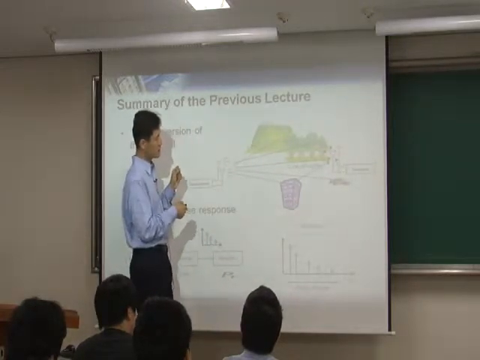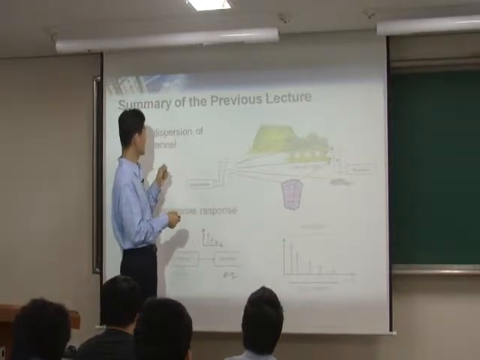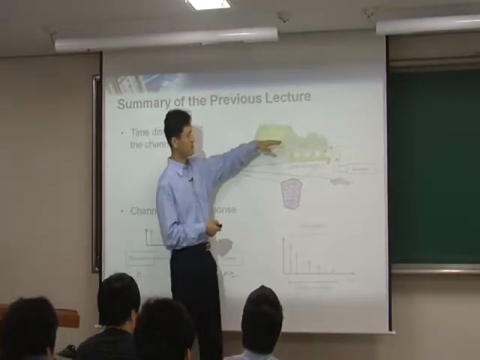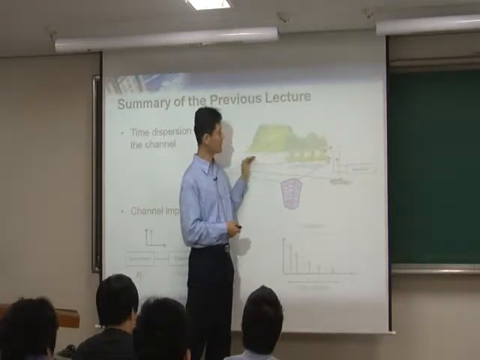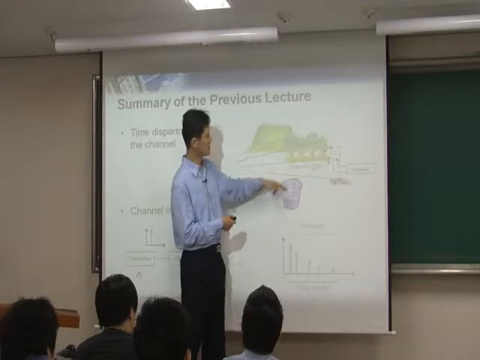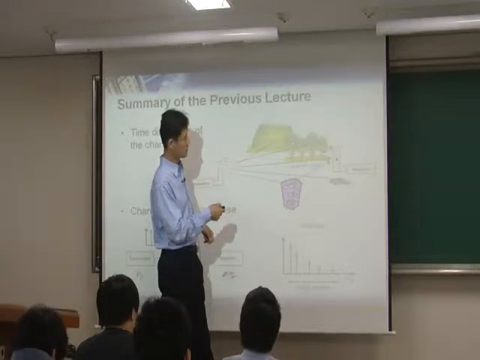But not only that, there's some other path. That's why we call that multipath. We have multiple paths, right? And these other paths have a longer traveling distance. This is the shortest path. This one has a little bit longer traveling distance, even longer traveling distance.